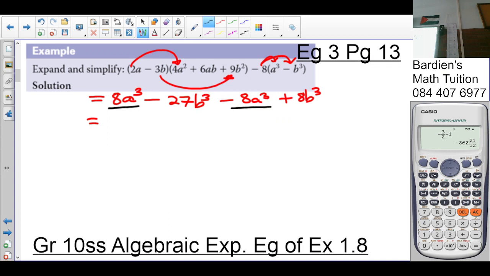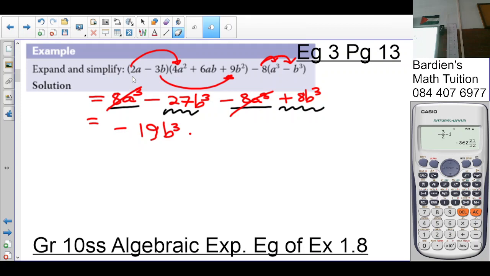Why is grade 10 so easy? Right. So what's 8a cubed minus 8a cubed? Cancel, yes. What's negative 27b cubed plus 8b cubed? Negative 19b cubed.